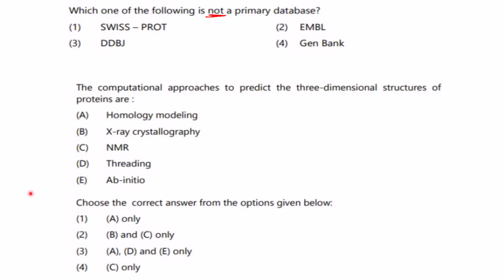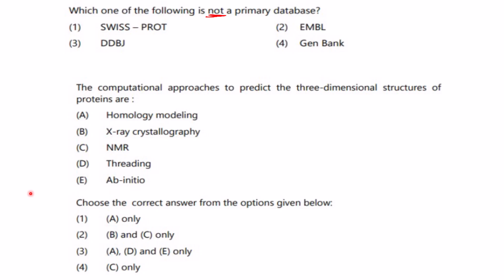Now what is a secondary database? The primary data, whatever you have submitted, will be analyzed, interpreted and annotated by computer programs using various algorithms, and expert review will also be conducted, and finally they become the secondary database. These secondary databases provide processed and curated information to researchers, and they also give information regarding protein motifs, protein domains as well as protein families.